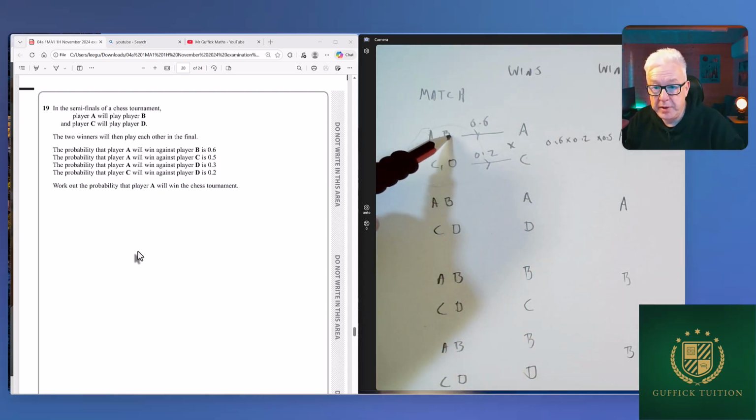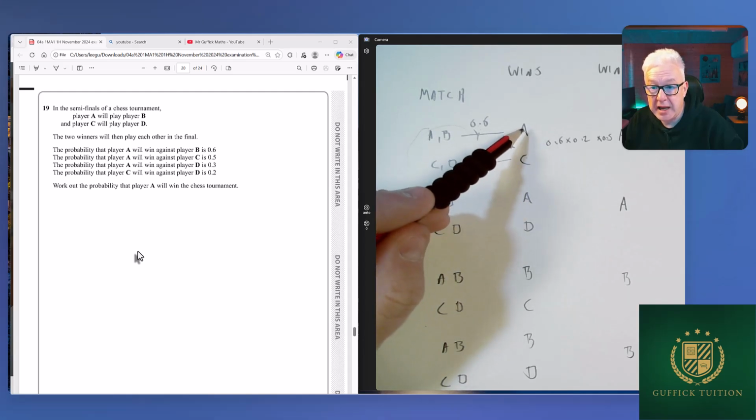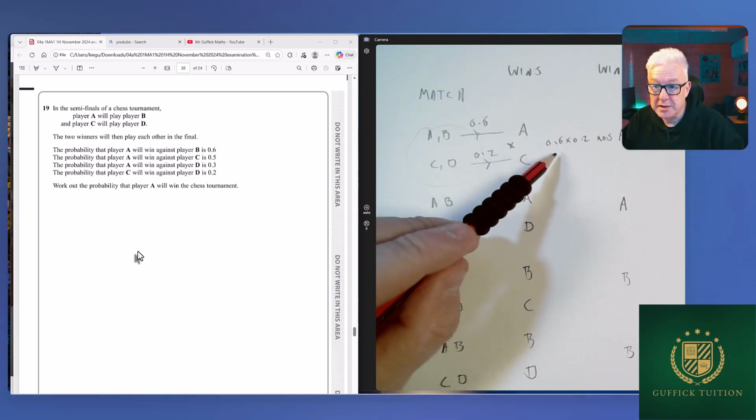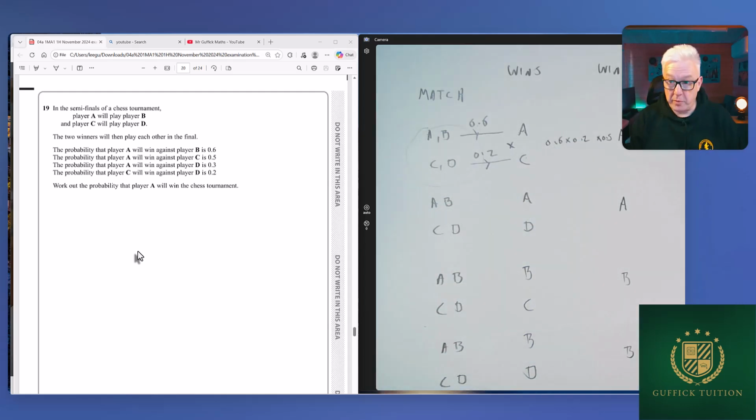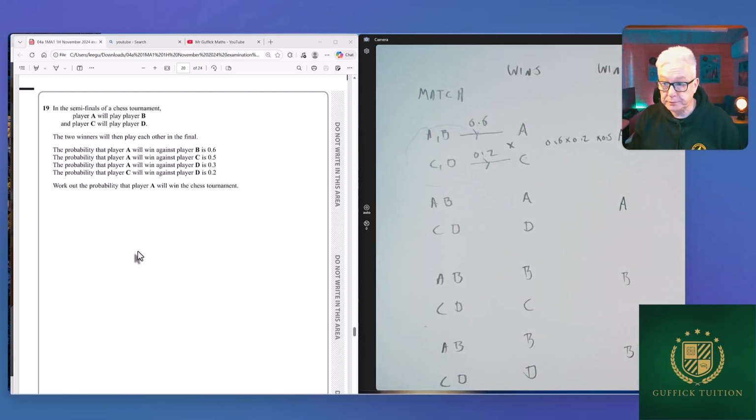A has to beat B, and C has to beat D, and A has to beat C. So those three probabilities get timesed together. So that is 0.6 times 0.2 times 0.5, which is 0.06. So that's the probability that A wins that way.